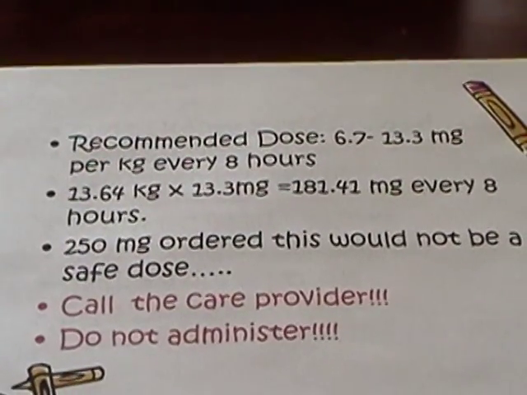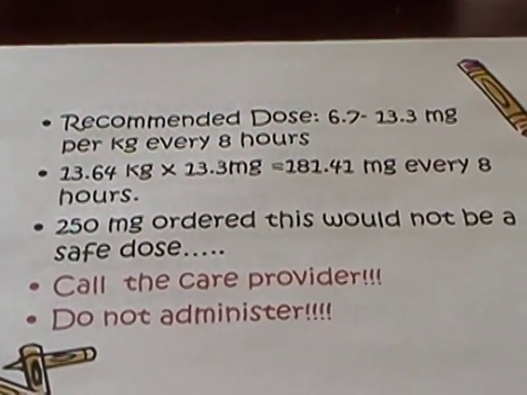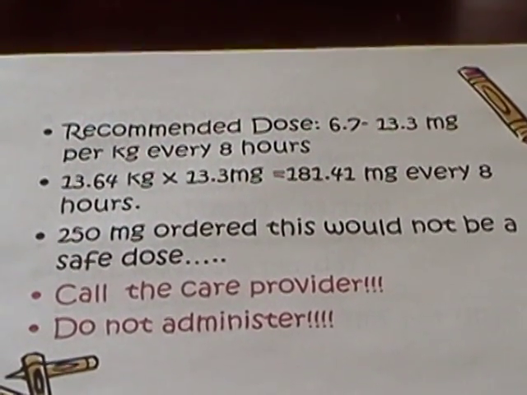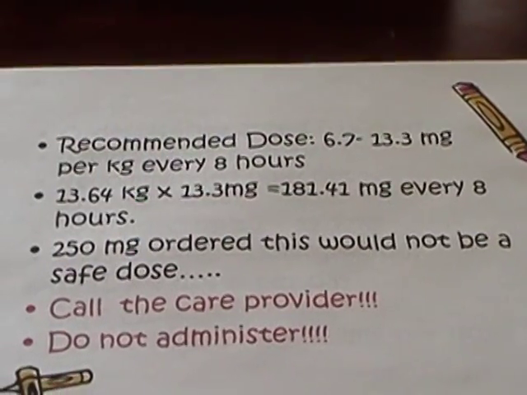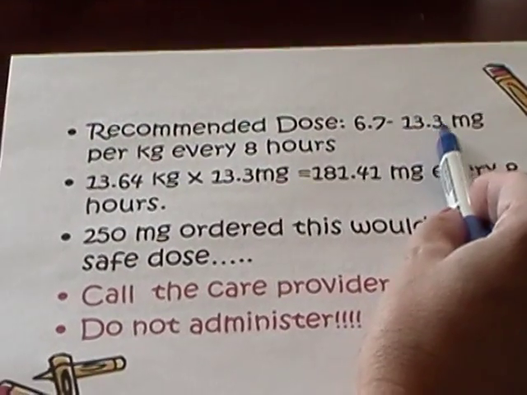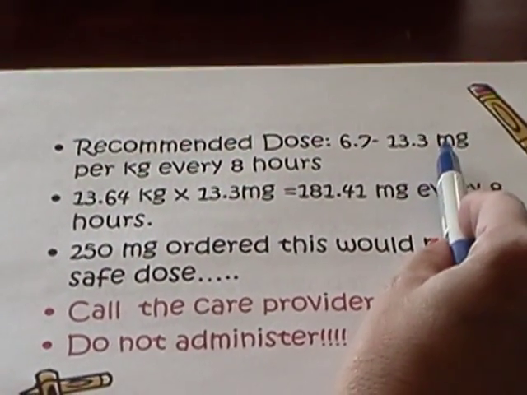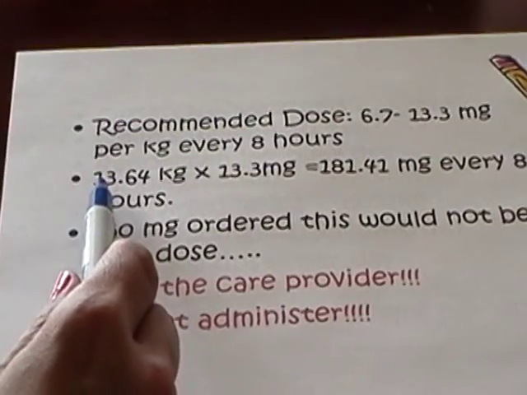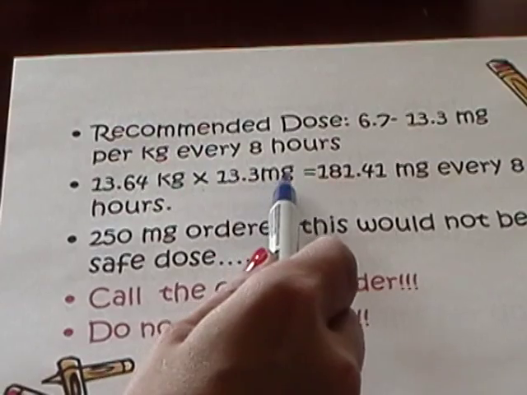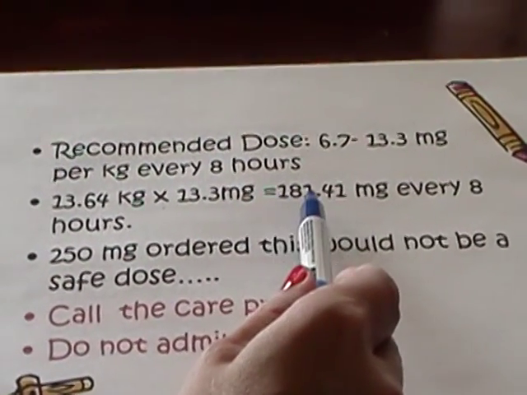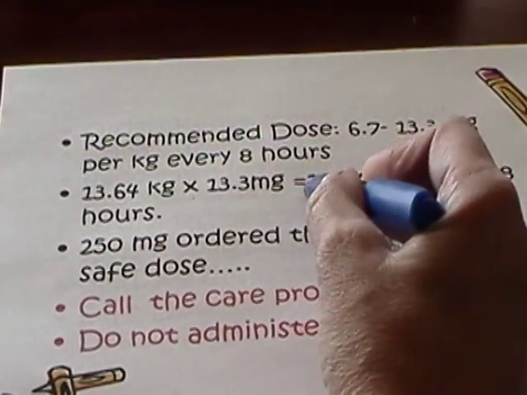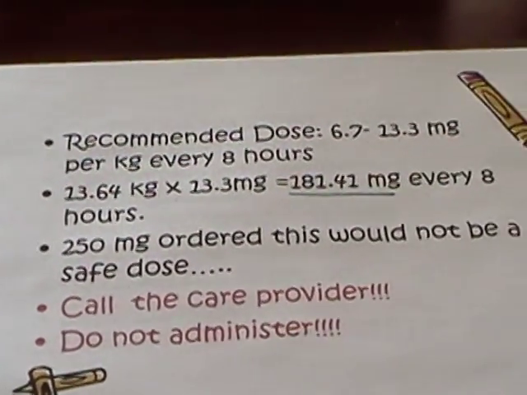We look in our drug book and we find out that the recommended dose is 6.7 to 13.3 milligrams per kilogram every 8 hours. So we take the larger of the two numbers, 13.3 milligrams, and we take our weight in kilograms, 13.64 kilograms times 13.3 milligrams equals 181.41 milligrams every 8 hours.